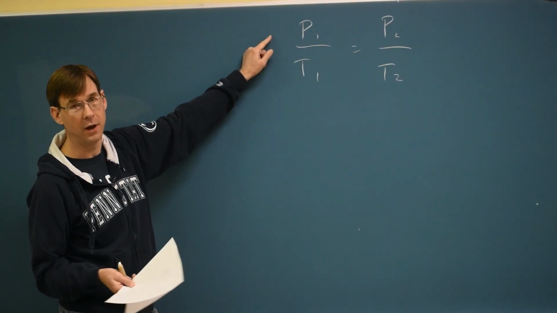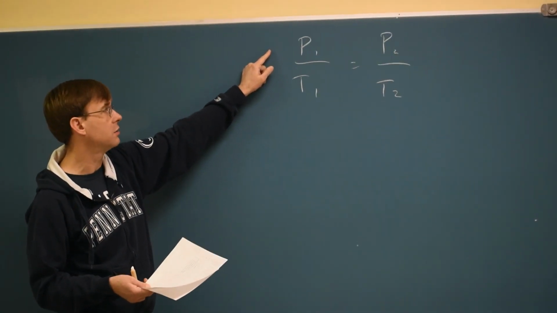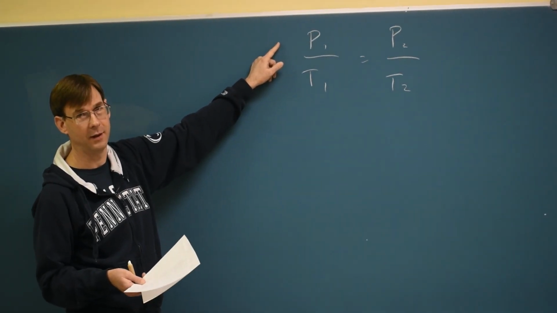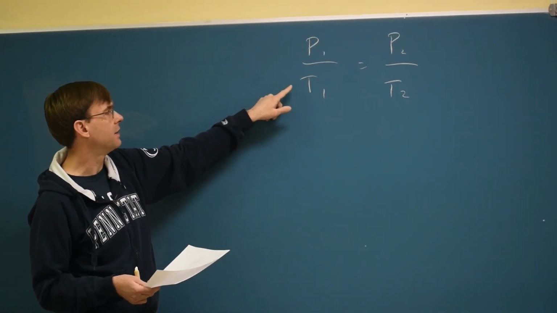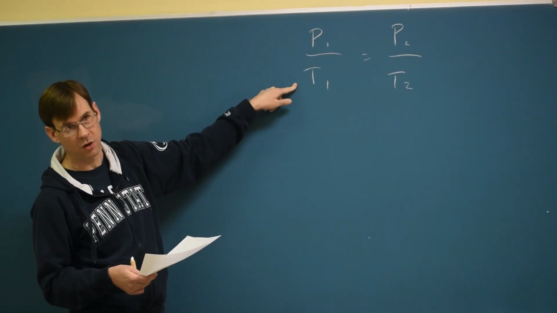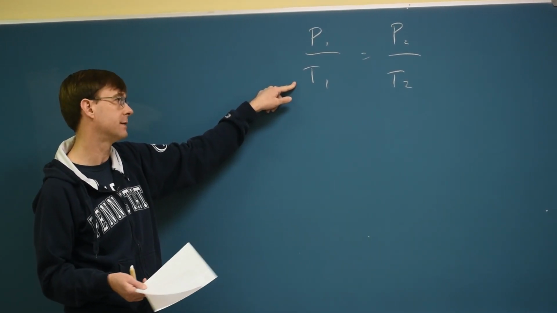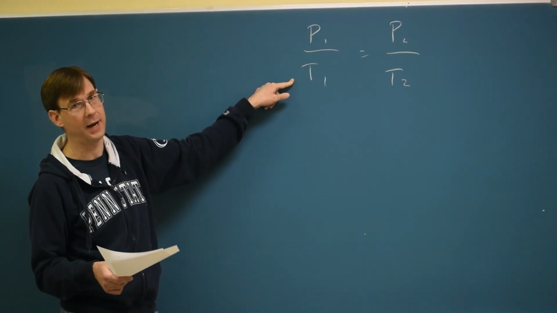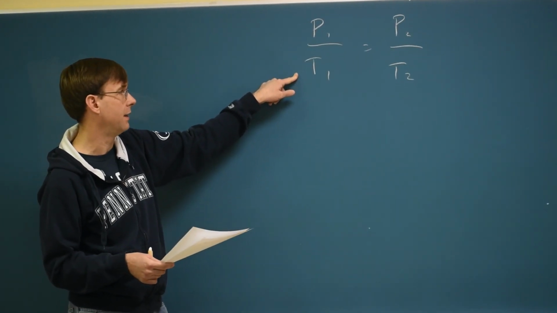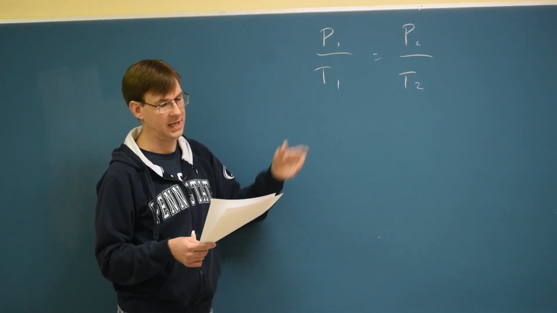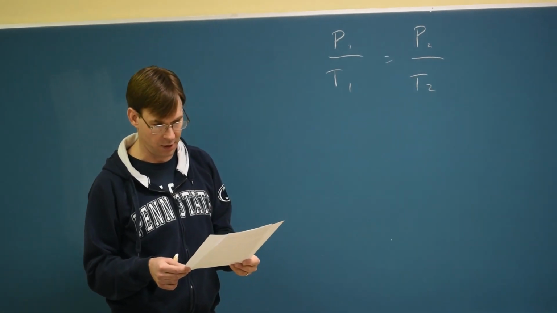If they mess with you in the homework and give you 2 different pressure units, you're going to have to convert one. Dimensional analysis, all that kind of stuff. The temperatures, as in the previous law, have to be in Kelvin. So if they give you Celsius, you're going to have to make it Kelvin by adding 273. That's just how that goes. But that's the law. I'll do a mathy problem here in a minute.